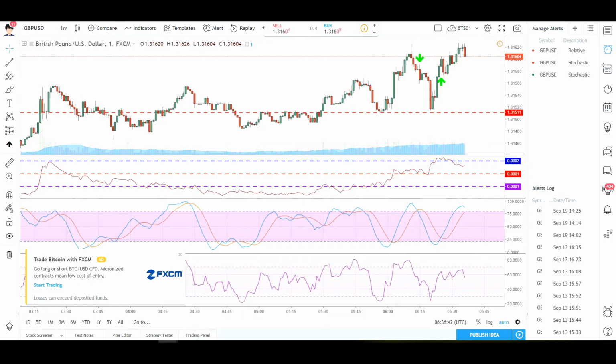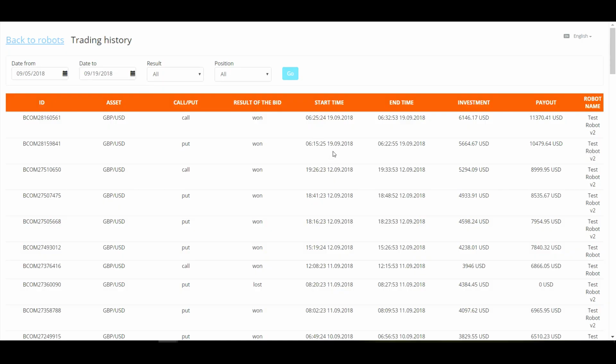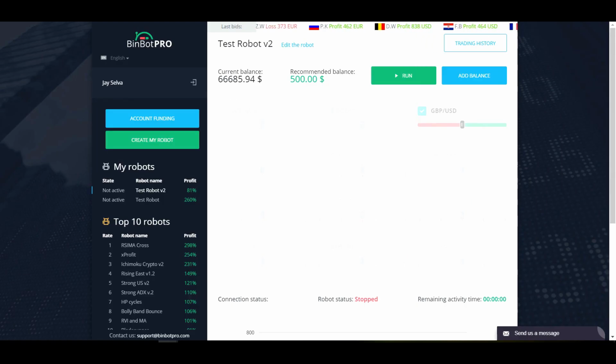Sometimes the stochastic crosses, it doesn't necessarily mean that if the cross happened down there it's supposed to be a call trade, or if the cross happens on top it's going to be a put trade. Because the Binbot Pro will analyze momentum, and sometimes it's a trend continuation, which is very true in our current case.